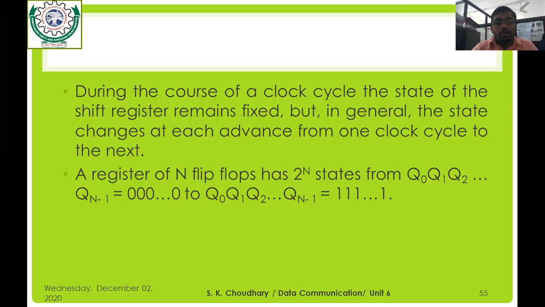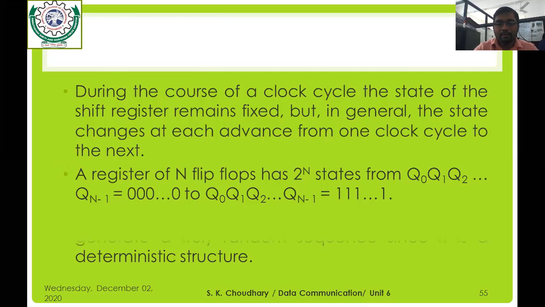So here we are using a register of n flip-flops that has 2 raised to the power n states, from the outputs Q0, Q1, Q2 up to Qn minus 1, that is from 0, 0, 0 up to 1, 1, 1, 1.